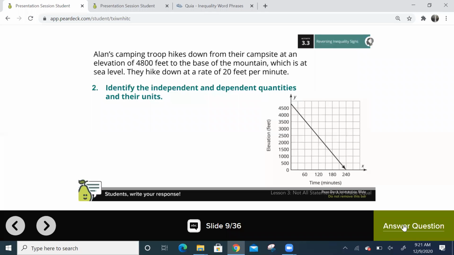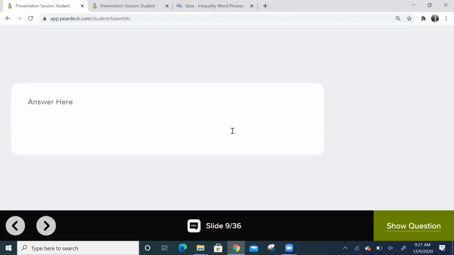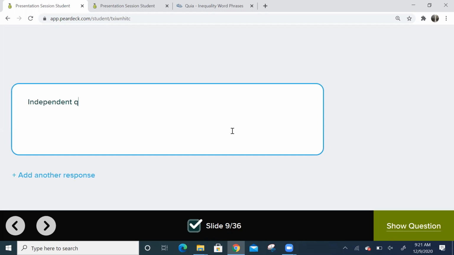The independent quantity is the number of minutes hiked, and the dependent quantity is the elevation in feet.